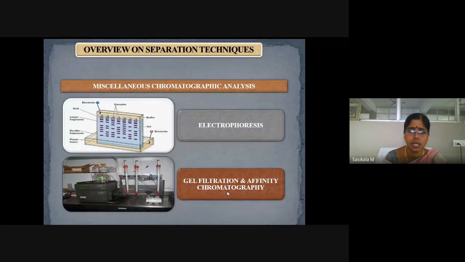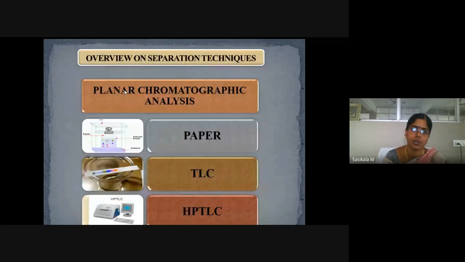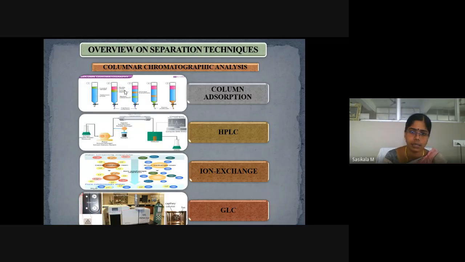Okay. Next, miscellaneous chromatographic techniques. Apart from that, those are the major chromatographic techniques applicable for qualitative and quantitative analysis. These all will be applicable for quantitative analysis. Here, for quantitative analysis, we will mainly go with liquid chromatography and gas chromatography.